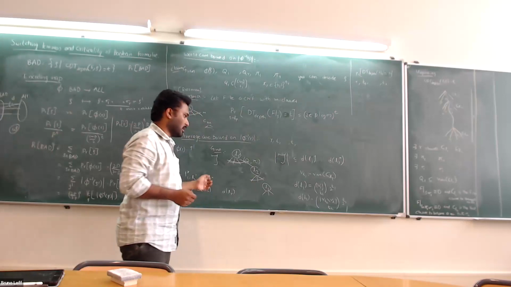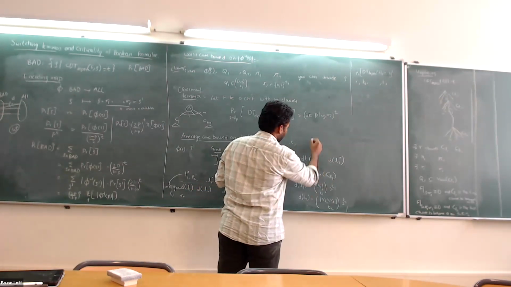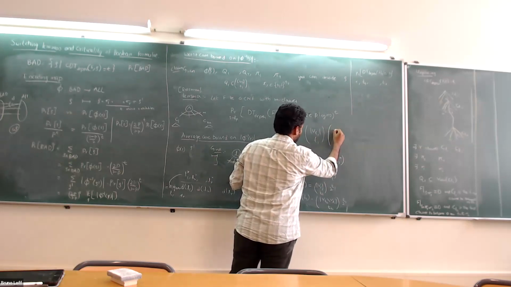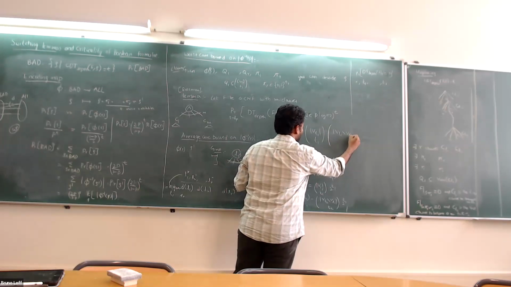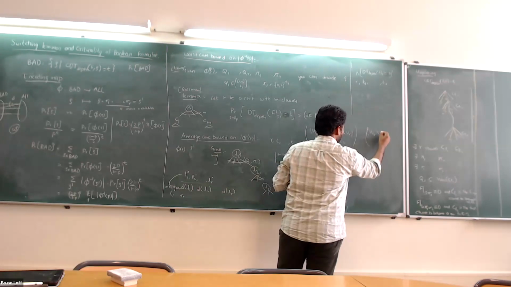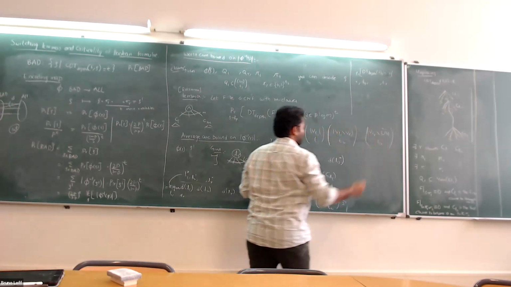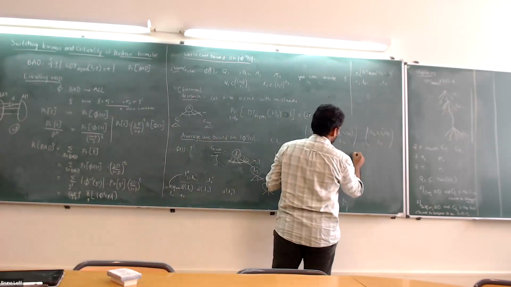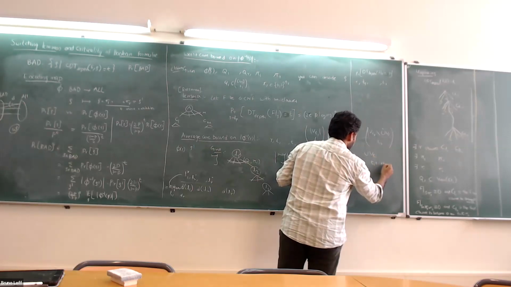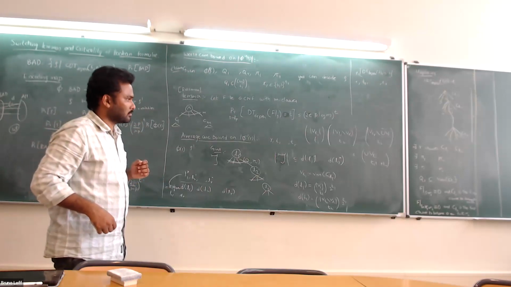So if L1 to LR are the nodes in a path, this product is just going to be probably equal to... No, you still have to say which go where, right?